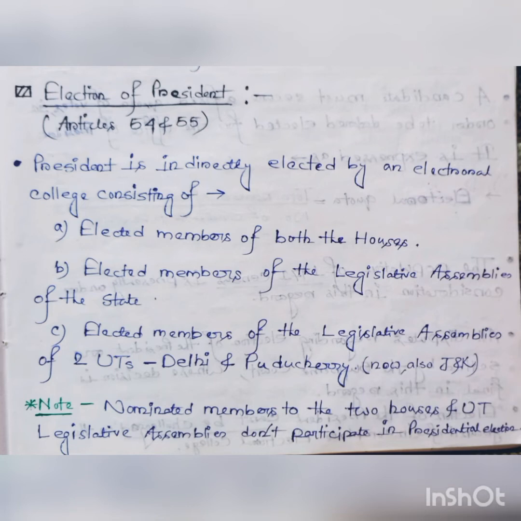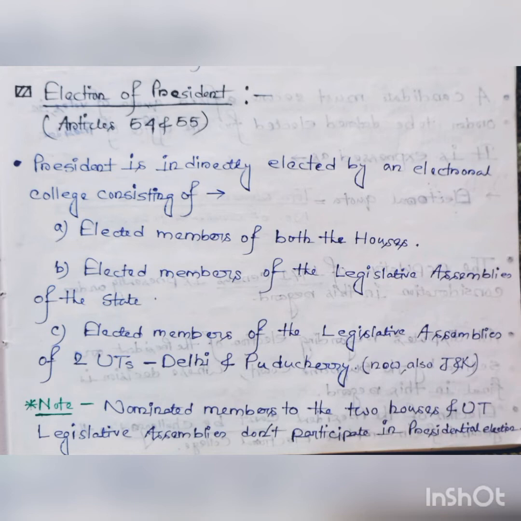Next information, election of the President of India. Articles 54 and 55 deal with this. The President is indirectly elected by the Electoral College which consists of, number 1, elected members of both houses, Lok Sabha and Rajya Sabha.